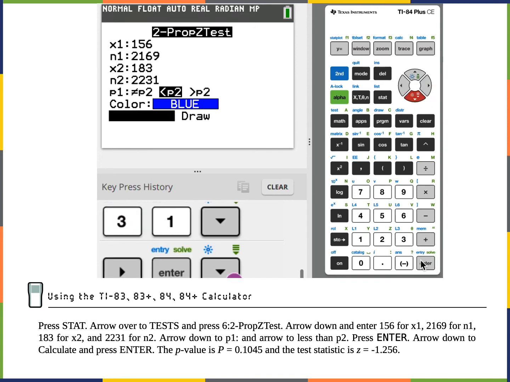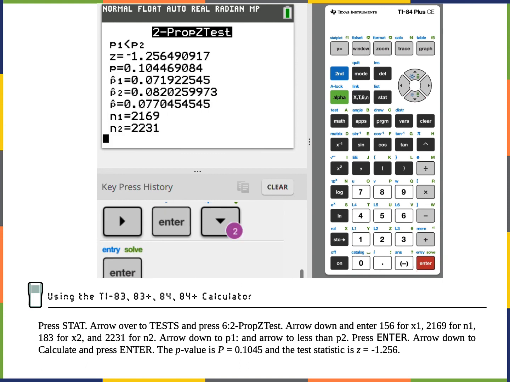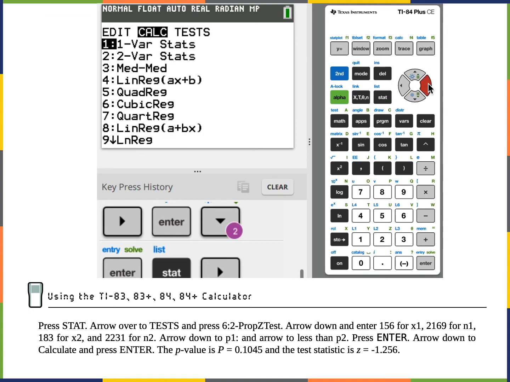Then it's less than, and we hit calculate, and there it is. We have our p-value of 0.1045, and it's a pretty high p-value.